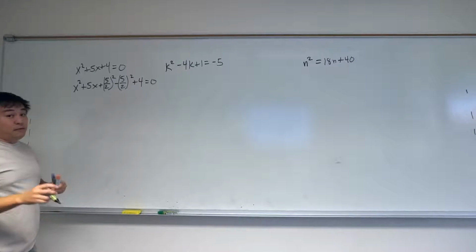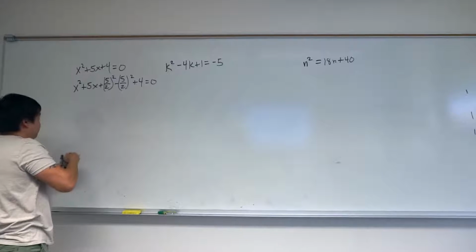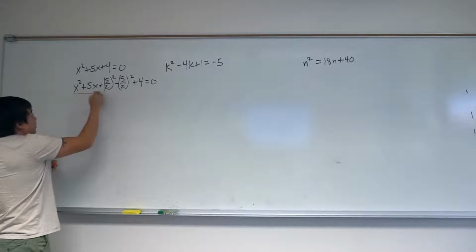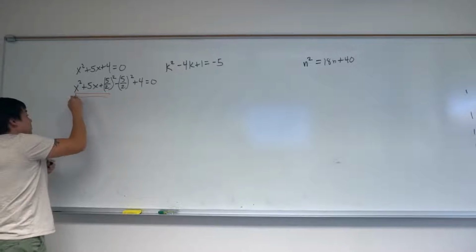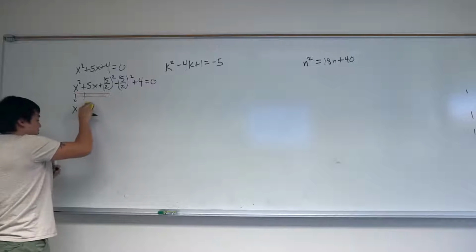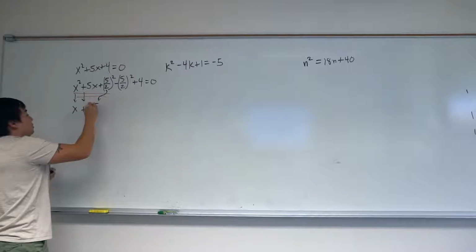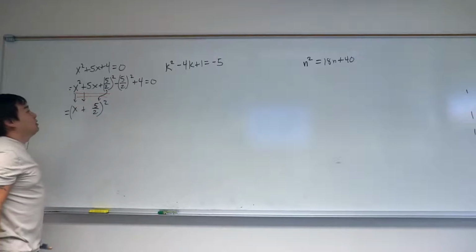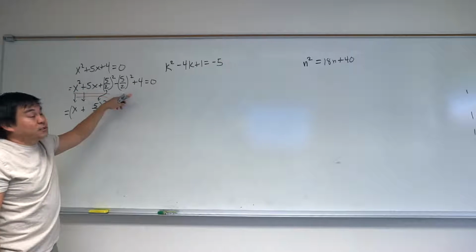The first 3 are always the perfect square, so these 3 right here. And it always goes variable, sign, and then number, all squared. And let's go ahead and evaluate this one because it's not part of a perfect square.